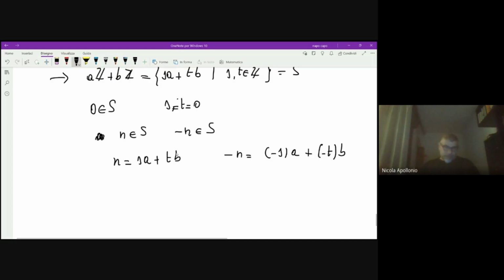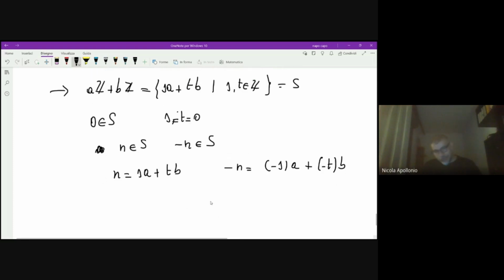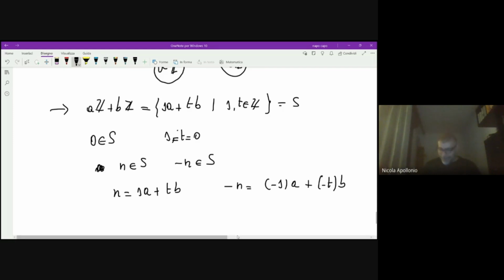Now, this is just to be self-contained, but we are talking about a precise structure, and what we will basically show is that S is a subgroup of the integers, and as such, it has a special form: it is a multiple of some well-chosen integer in the set.